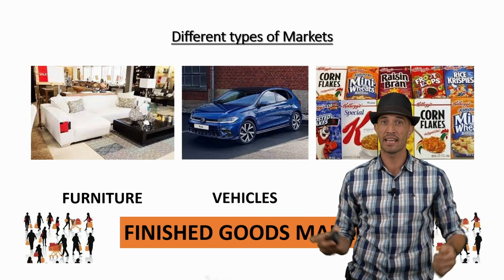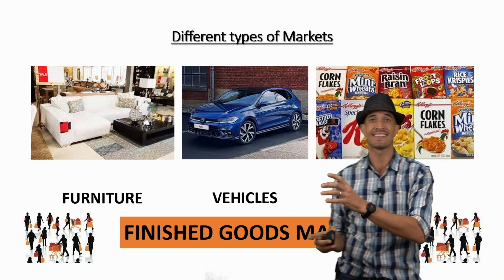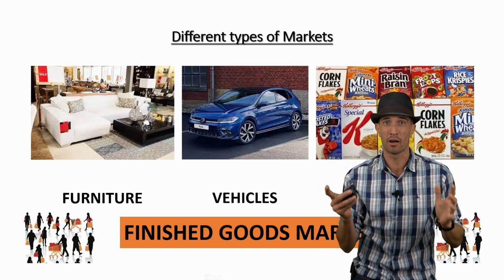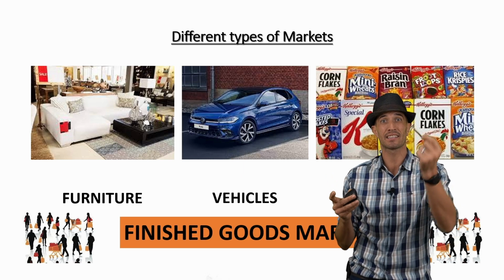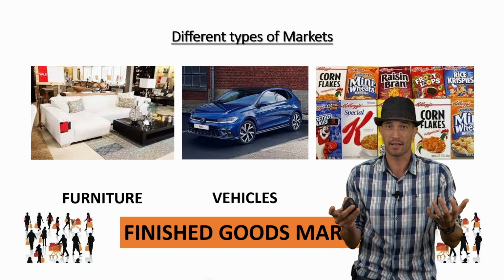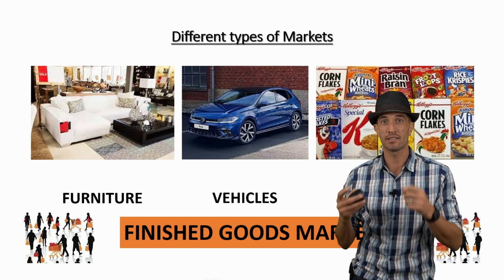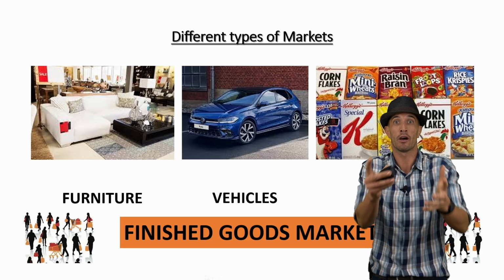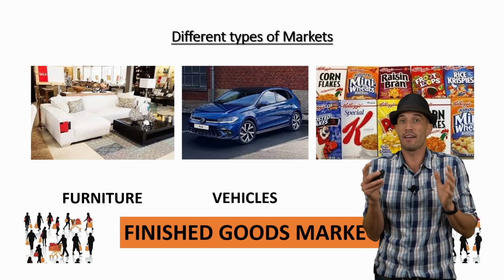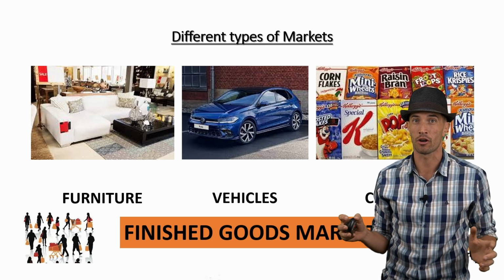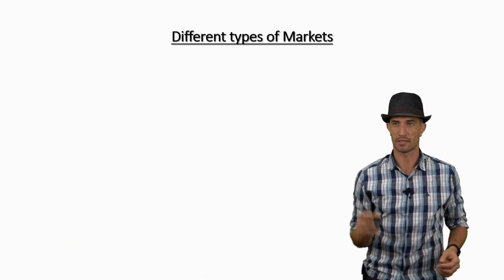It's a transaction between many buyers and sellers that have access to information. Remember, when there's a sale, you want to know about it. When there's a sale and the price goes down, you have a higher demand for it, correct? So you want to go and buy, so you need to have that information, and the sellers have to let you know about it. This is where all the finished goods are sold to the consumers.